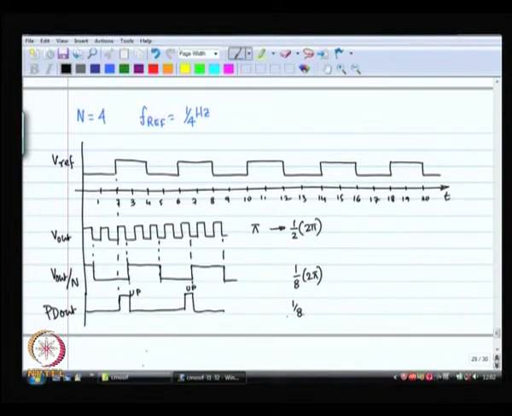So, the time average remains the same, it is 1/8, and I am only getting up pulses. Why am I getting up pulses? Because the output of the VCO is lagging behind by some radians. Okay. So, the VCO needs to speed up, it is lagging behind, right.